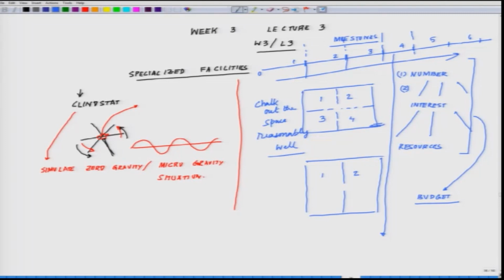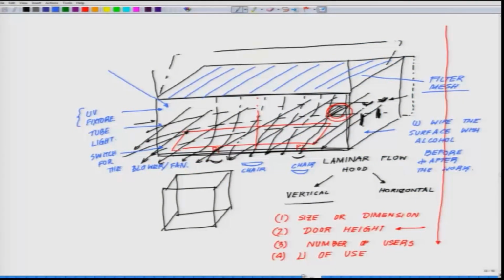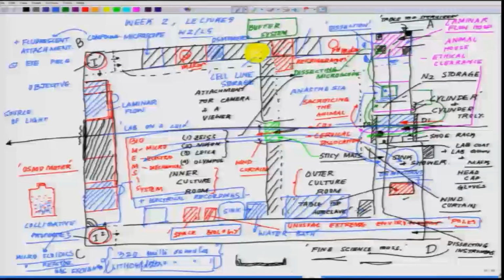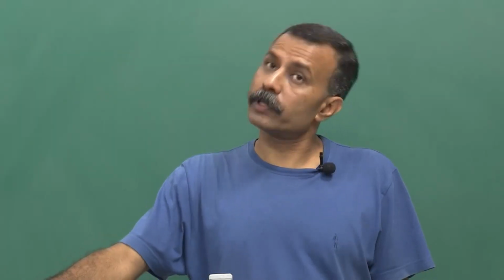Another thing which I did not mention here, while you are planning this setup, on the walls of these sites you will have storage of materials. But if you want to do it on the walls, then you have to keep in mind that you have to have a dedicated ladder for your lab, which is purely dedicated.